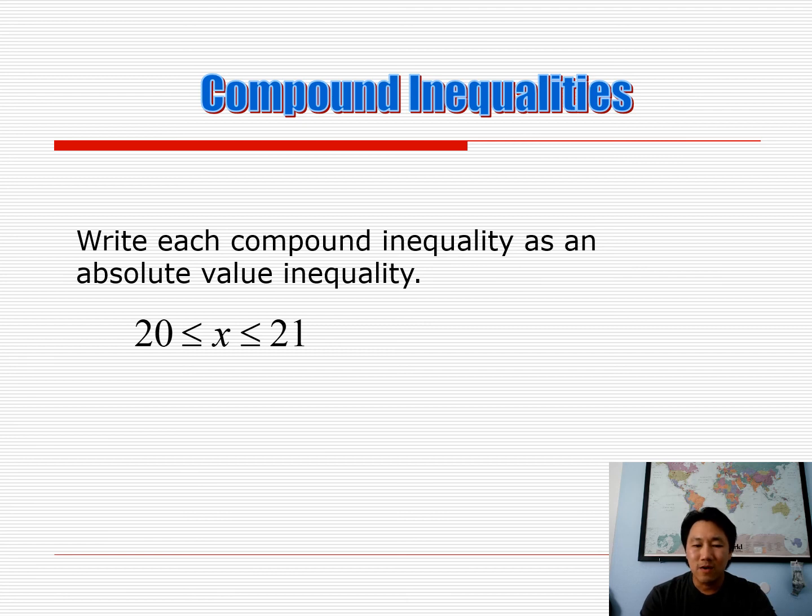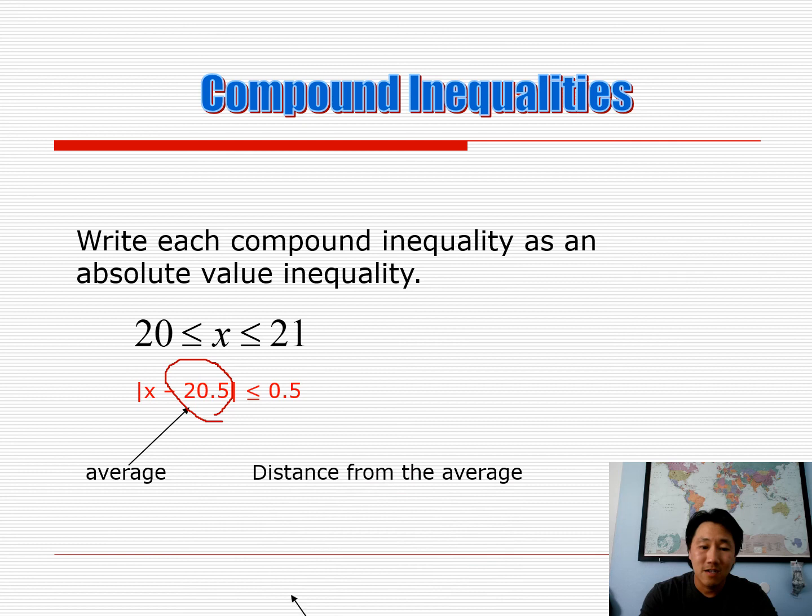You're going to first find the average of the two numbers, the 20 plus 21. Again, to find the average, you add them together, and then you divide by 2. And that gives us this number, 20.5. The average. To get this number, you would find the distance from the average to this number.